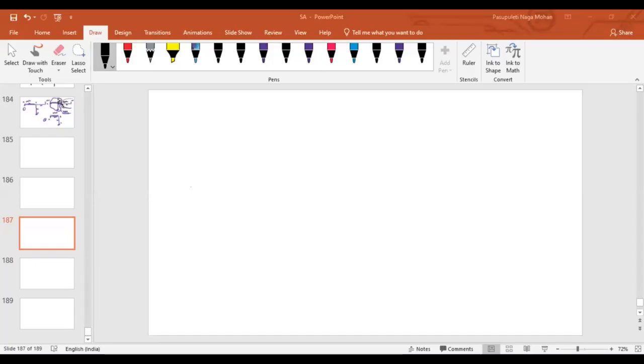Now see, this is the beam they have given, and they're asking that if support B settles by an amount delta by EI, you have to find out what is the reaction at B. Let's see what is the relationship between displacements and forces.